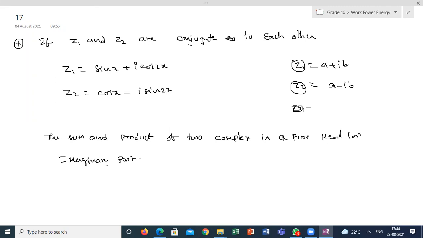If the imaginary part is 0, then those two complex numbers are called conjugate. Those two complex numbers are conjugate to each other.